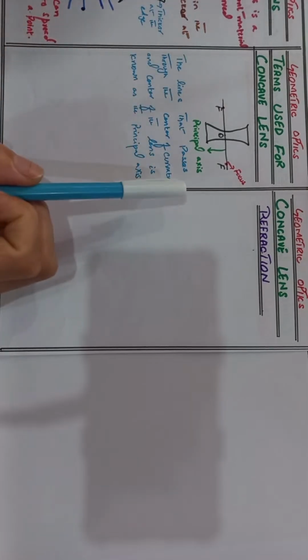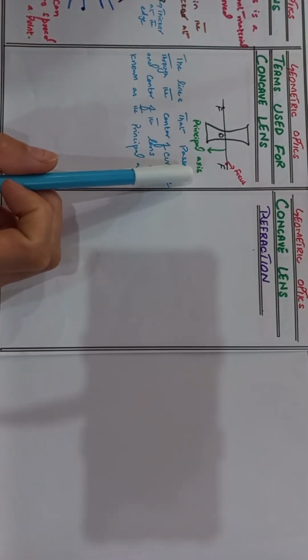Okay, second we discuss the... this is the main point, that is the principal axis that we discuss in the concave lens.